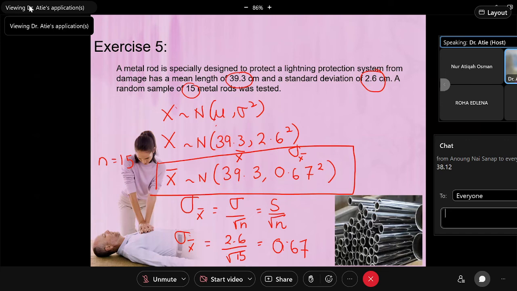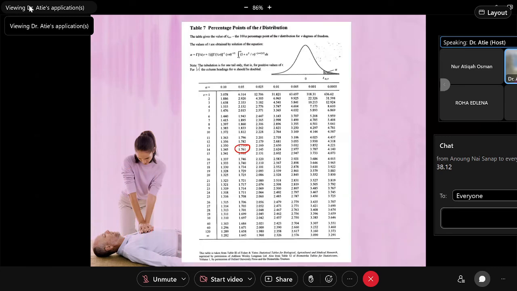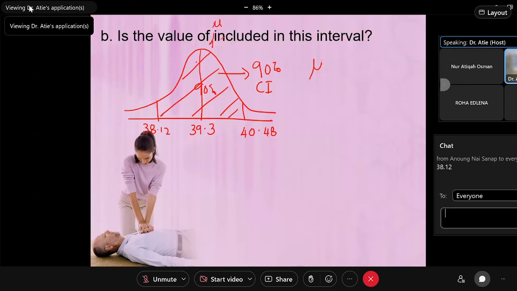So this is the mu, and this is the sigma, and the random sample is 15, the small n, right? So the mu here is 39.3. Is the value 39.3 included in this lower and upper bound? Is it included or not? What's the answer? Yes or no? Yes, all right. So the answer is yes.